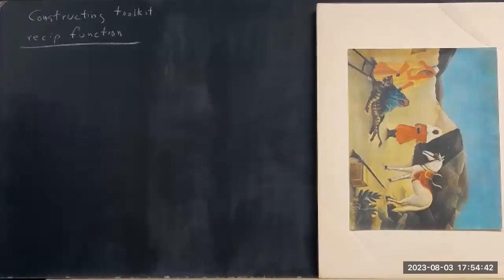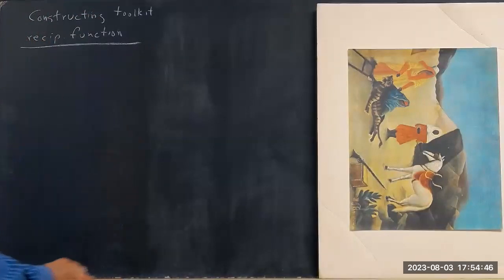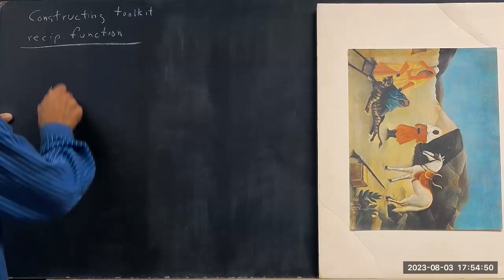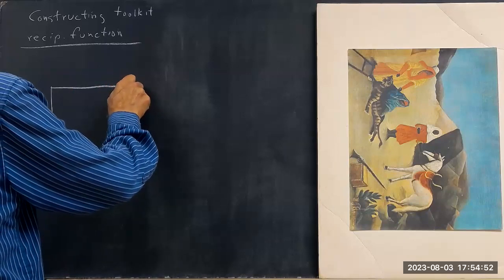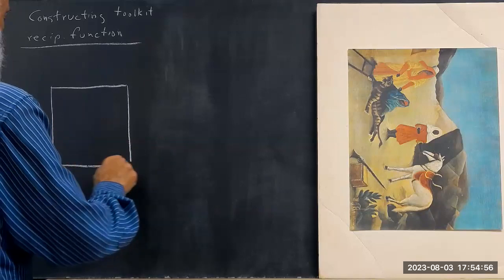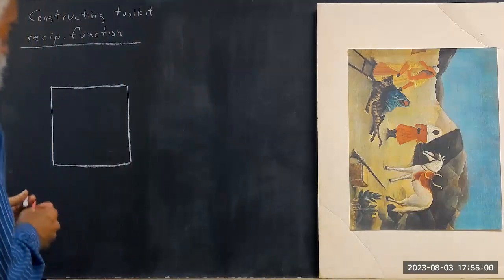Okay, now we're going to construct the graph of the toolkit reciprocal function. I'm going to start with a square. Pretty close to square anyway.